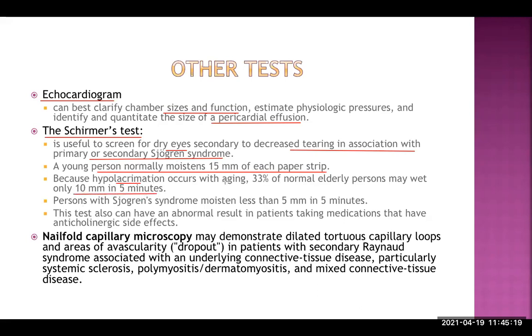Now, this is because of the aging process, probably nothing has happened to them, but even because of the aging process, hypolacrimation occurs. So around 33% of normal elderly persons may wet only 10 mm in 5 minutes. A young person can wet 15 mm, but because of age, 10 mm may be wet. So this is an important point here.